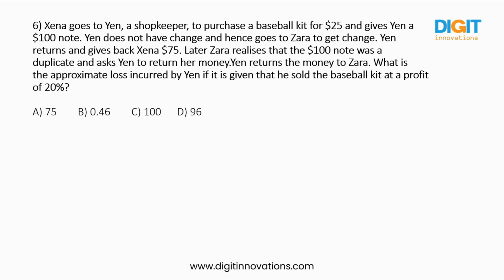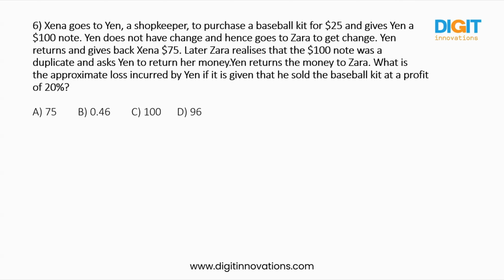Then Zara gave the change of 100 rupees, and after giving the change, she realized that the note was fake. Then she came to Ina for the money, and Ina returns the money. So Zara took that 100 rupees and went away.